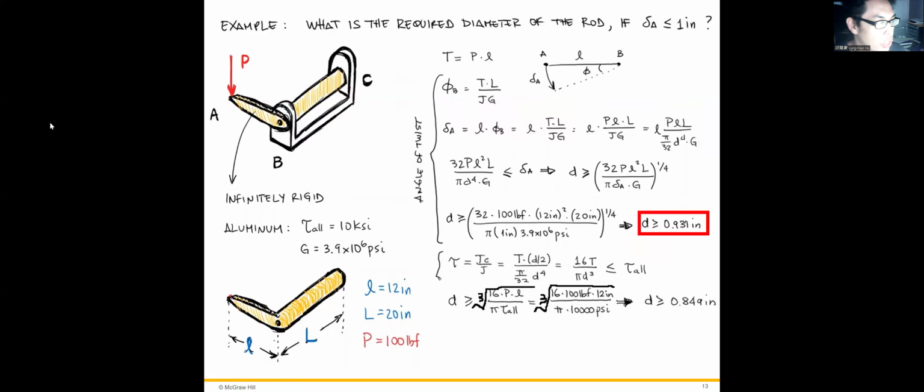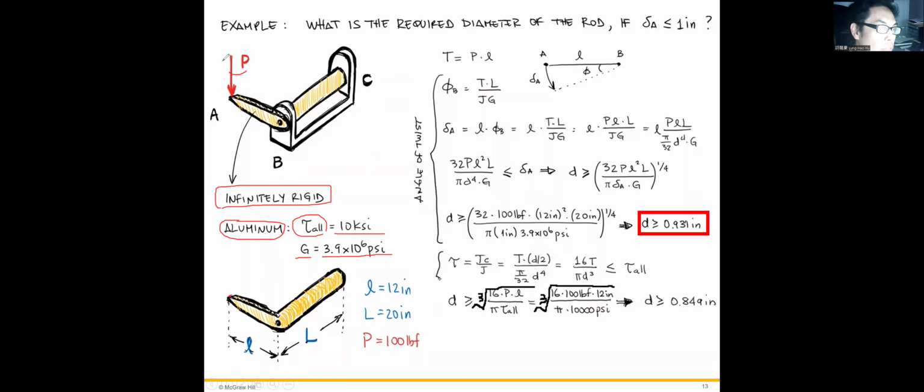Okay, so let's finish this example. Suppose we have this handlebar, and it's infinitely rigid. That's a rigid body, and the material for this handlebar is aluminum, whose allowable stress is 10 ksi, and its shear rigidity is 3.9 times 10 to the 6 psi.